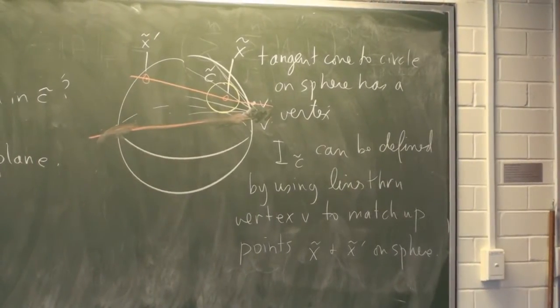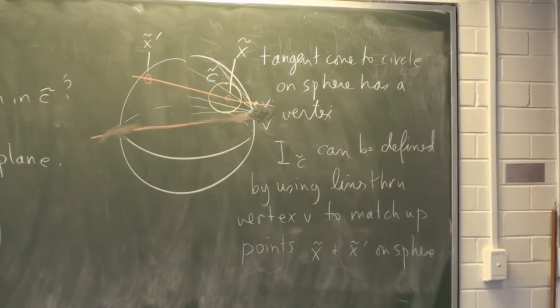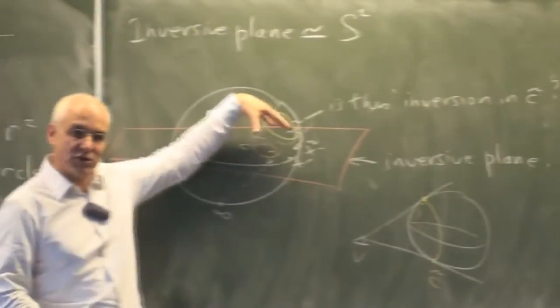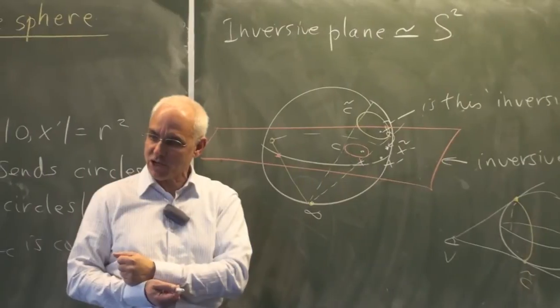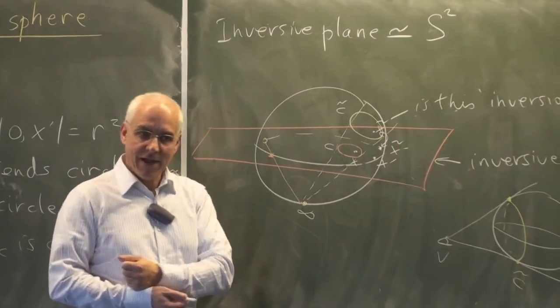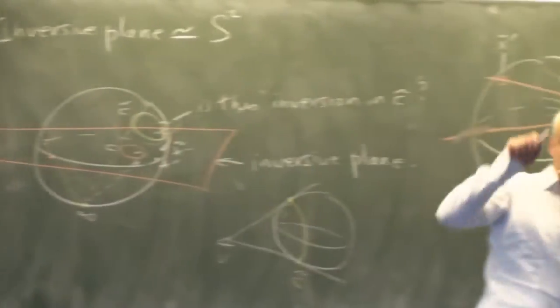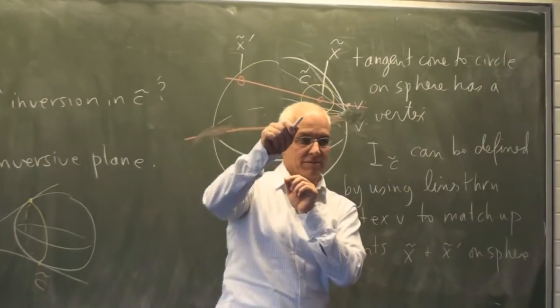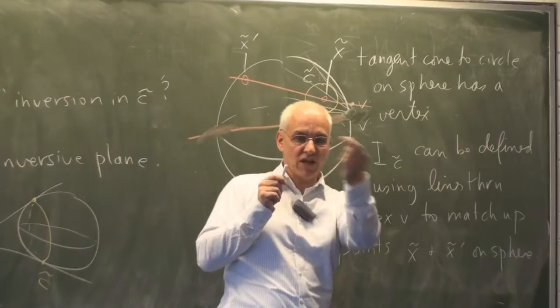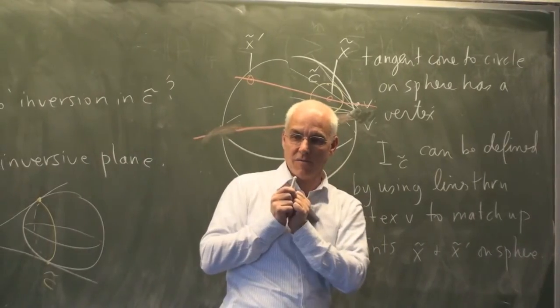It takes some work to check all these statements, but it turns out that the inversion in the plane, the original inversive geometry in the plane, when we transfer it to the sphere via stereographic projection, then ends up having this interpretation of being reflection from this particular external point, interchanging inside and outside of circles.